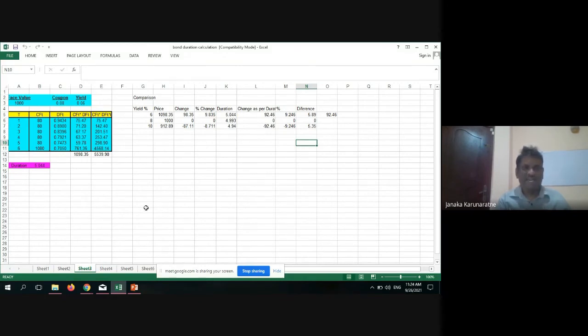As I said, even a pretty simple Excel sheet gives these numbers without any problem. So the price is 1098.35. I think the earlier lady who called got the answer 1098. So it is right.